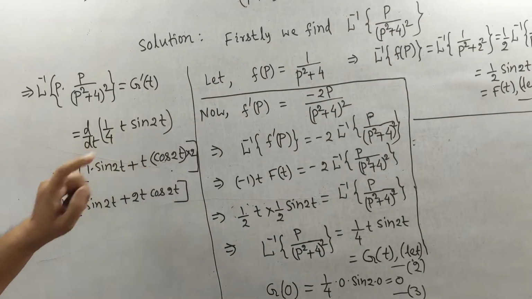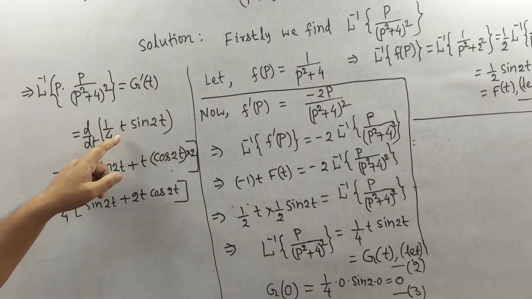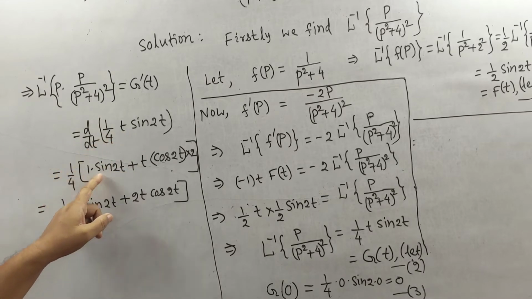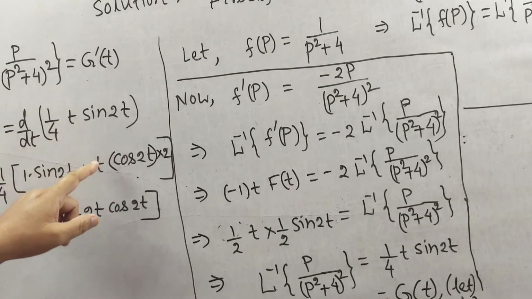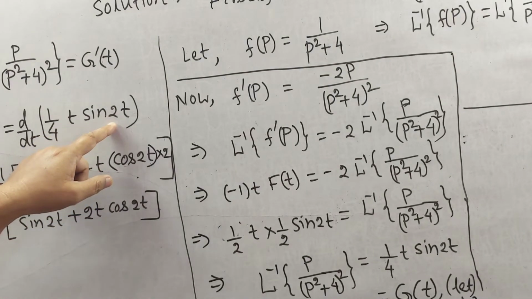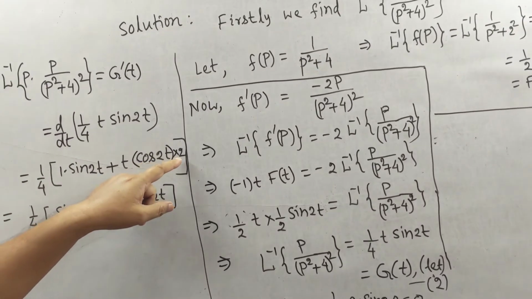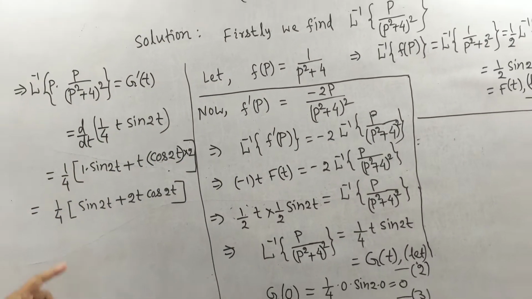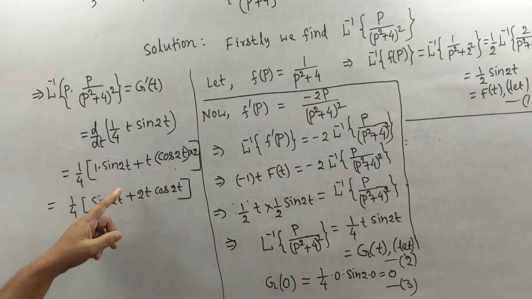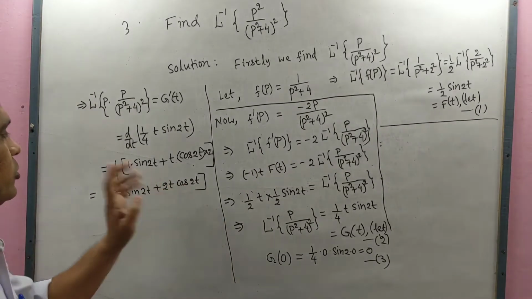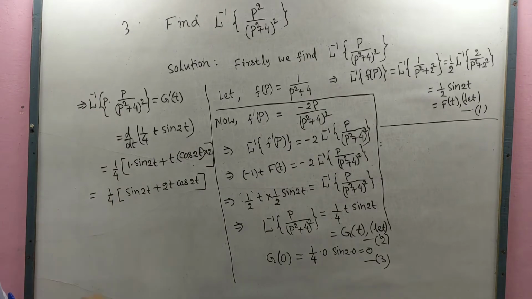We differentiate this. First 1/4 outside, differentiation of t is 1, sin 2t remains the same. Again writing t, differentiation of sin 2t is cos 2t into 2. So this is 1/4 (sin 2t + 2t cos 2t). This is the required result.